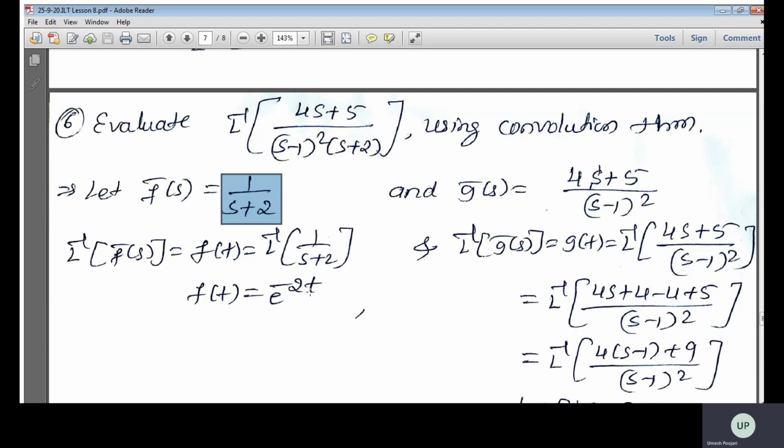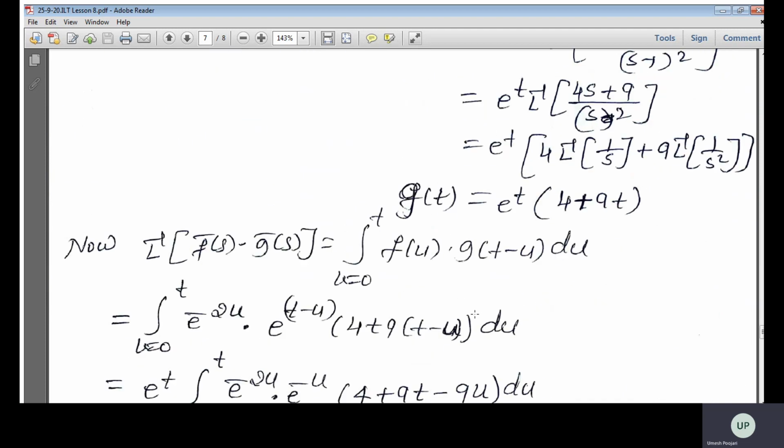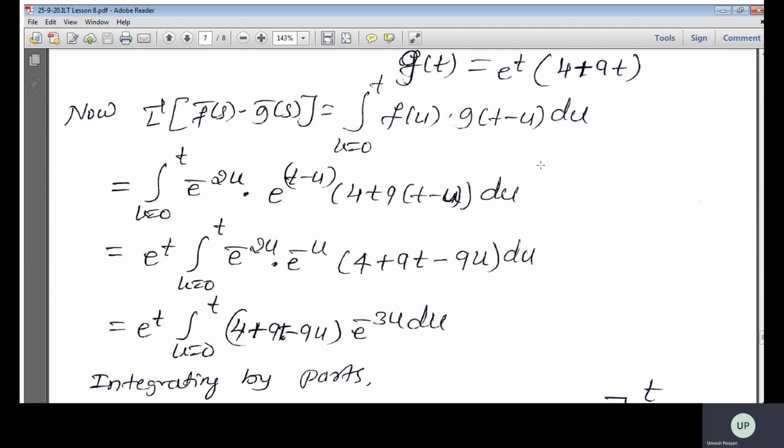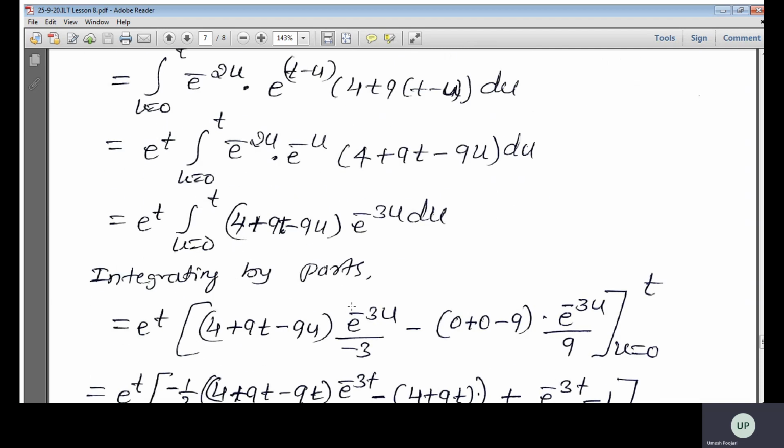One step, e raised to minus 2t. In some cases, we won't get easy term, but almost all cases, 90% of the cases, you can take simple term for this f bar of s. Then remaining term you can take for g bar of s, and then we can find L inverse, which gives g of t, and finally with the help of convolution theorem and this integration process, we can find f of t.